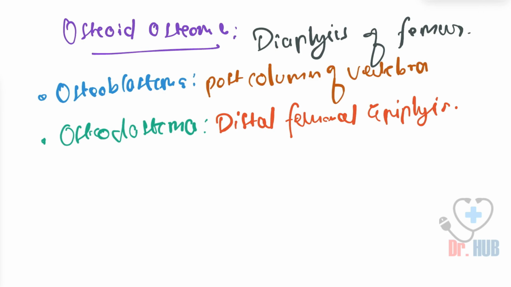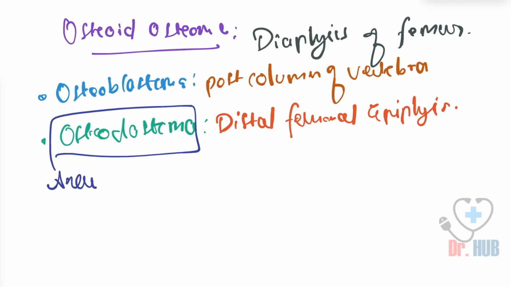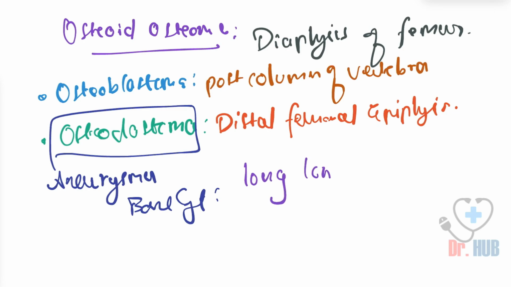So this was osteoclastoma, which is present in the distal femoral epiphysis. Next we move on to the aneurysmal bone cyst. The aneurysmal bone cyst is present in the long bone metaphysis.